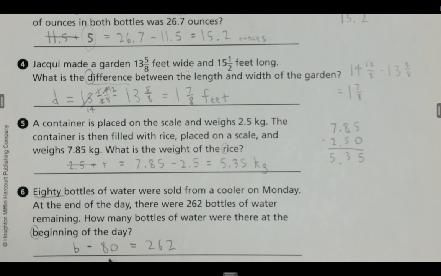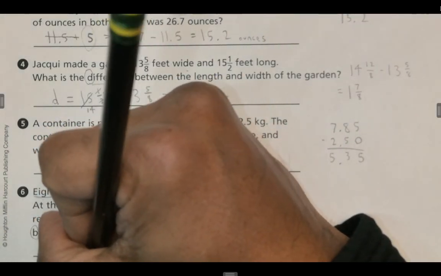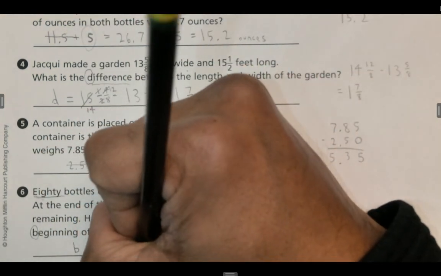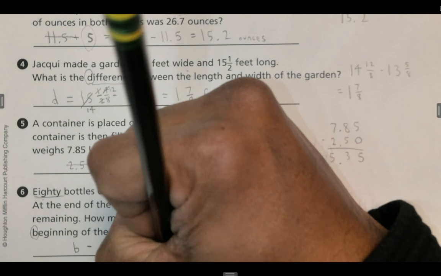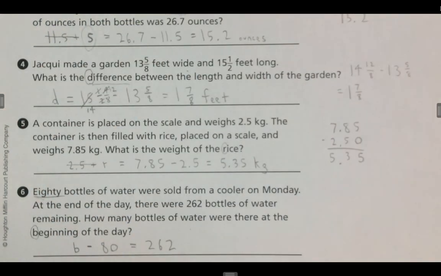But keep in mind that we're not adding 80 to B, we're subtracting 80. So if I do a minus 80 here, that's going to steer me wrong, because now I'm going to be looking at B minus 160 equals 262 minus 80. I don't want to subtract 80 from both sides. I've got to add 80 to both sides.